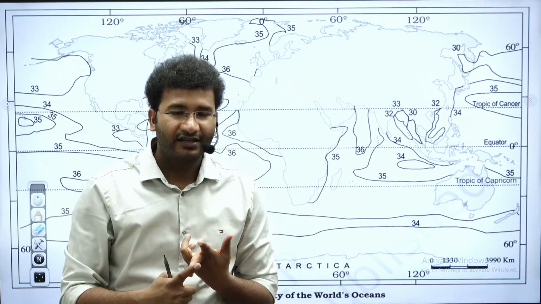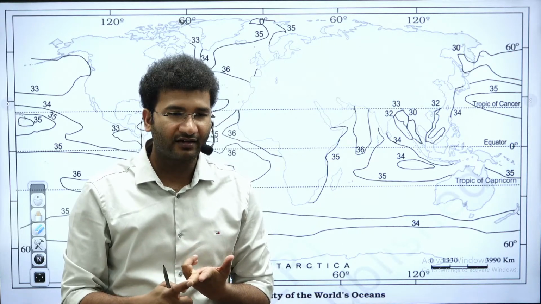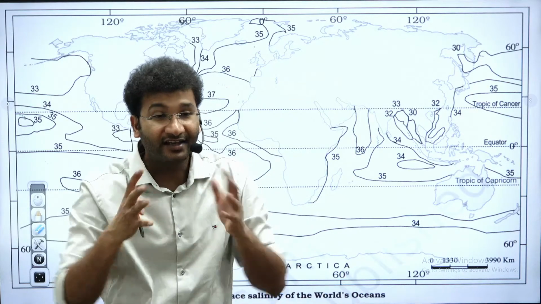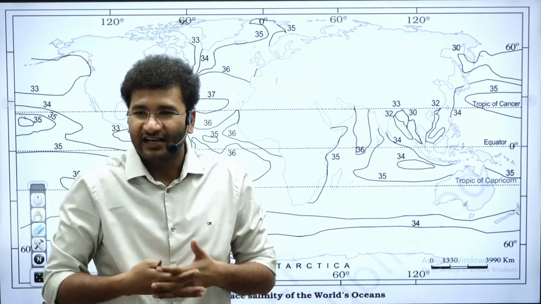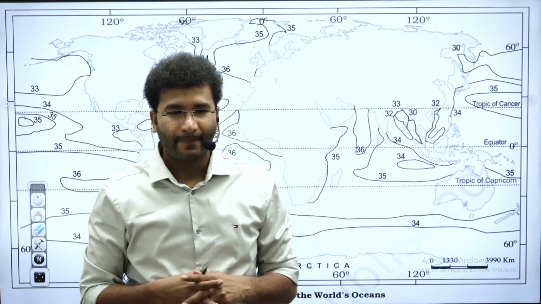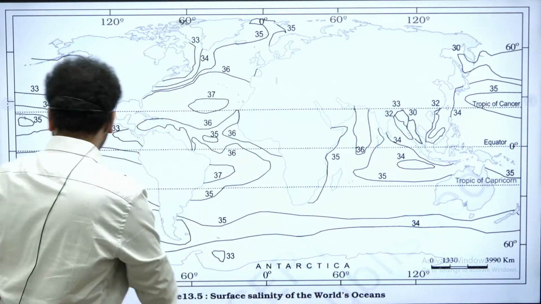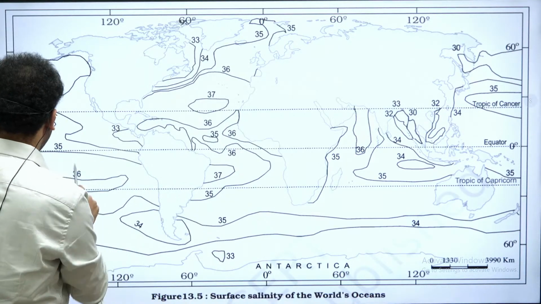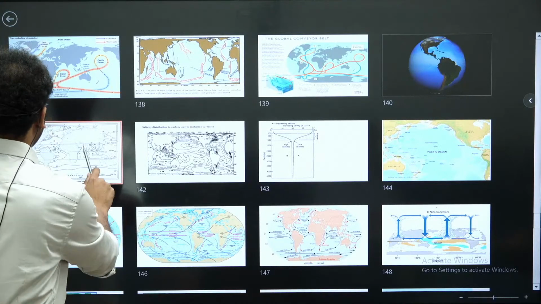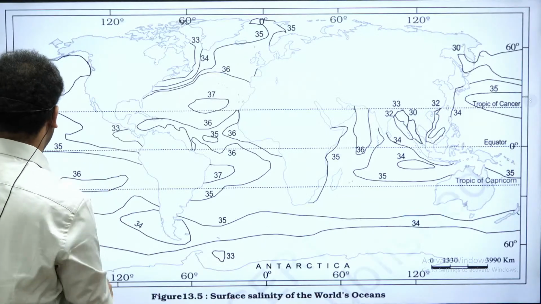Now if a particular area, a sea, is getting converted into ice, will the salinity increase or will the salinity decrease in the sea? Suppose, let us consider that you have a particular area, यहां पर sea है, ठीक है?